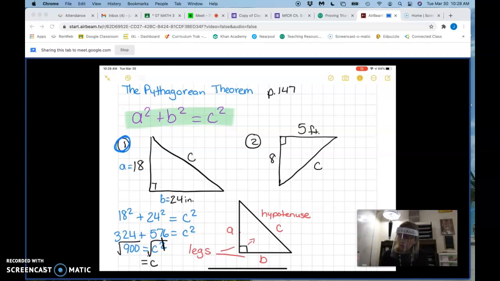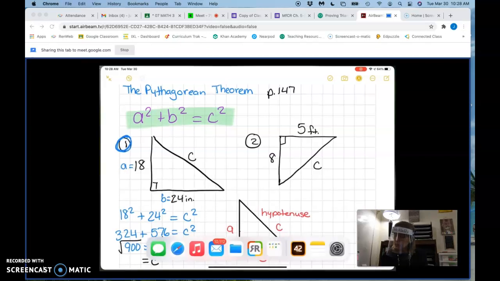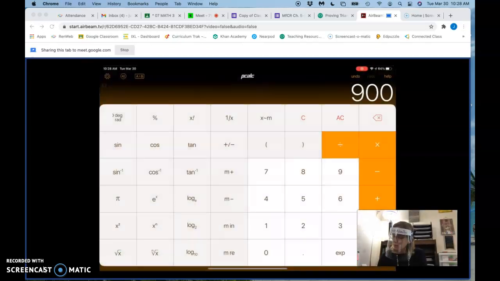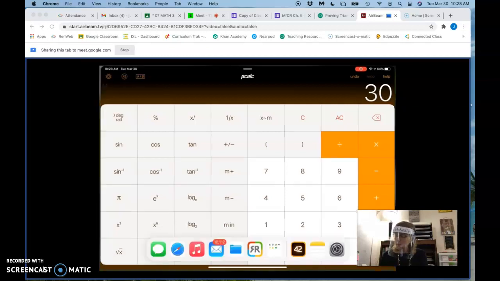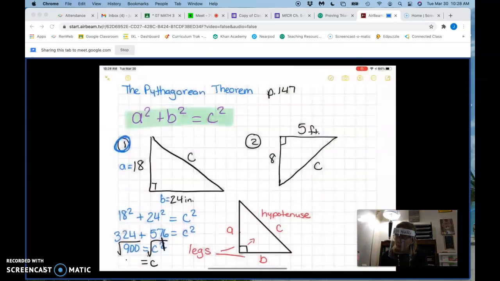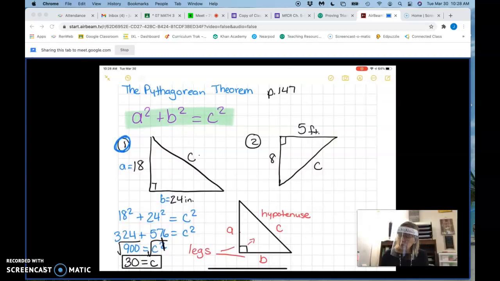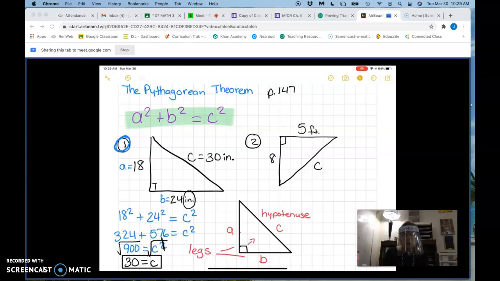So I just get C equals, and then I'm going to take the square root of 900. The square root of 900 is 30. So how long is side C? 30. And I saw down here that they're using inches, so I'm going to write inches.